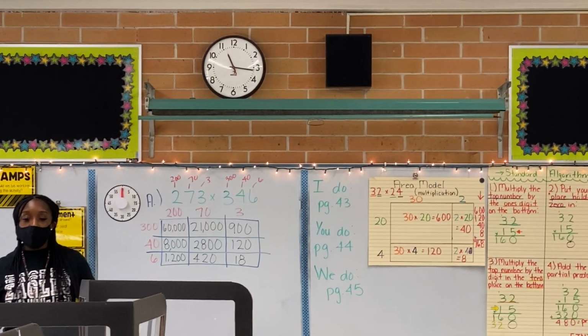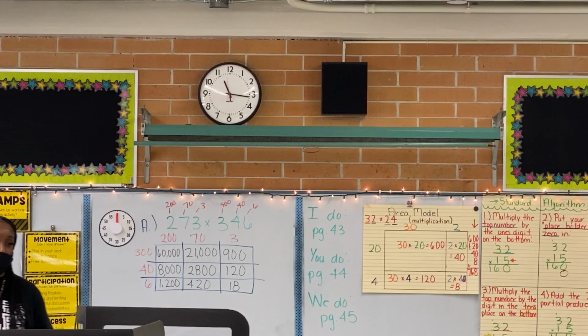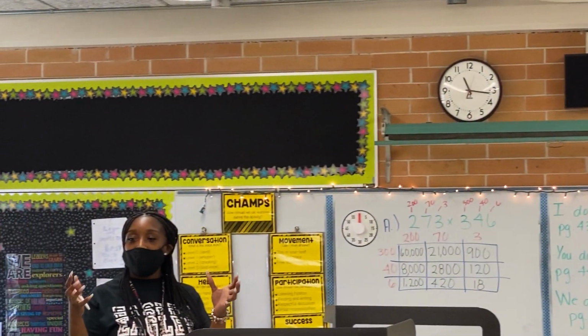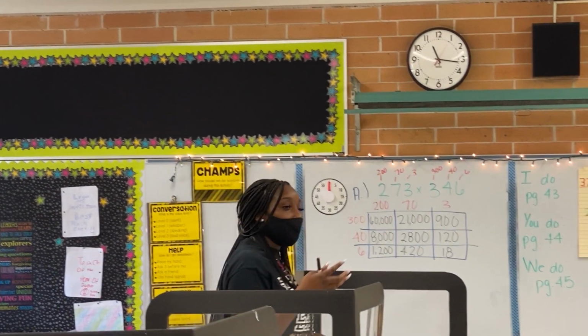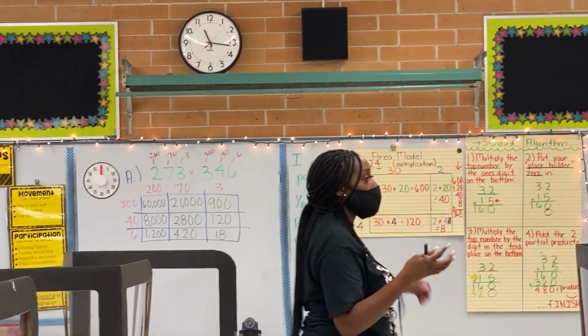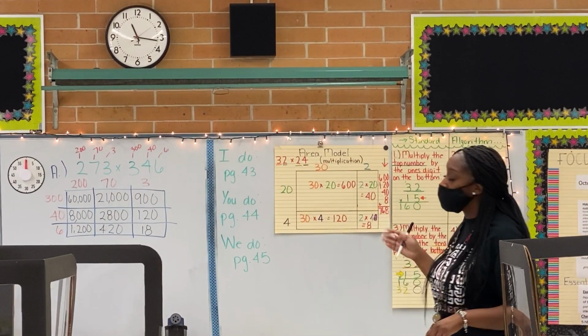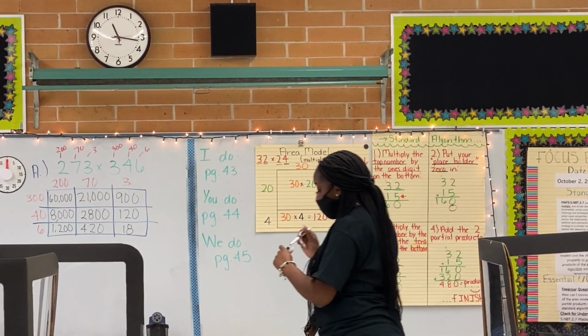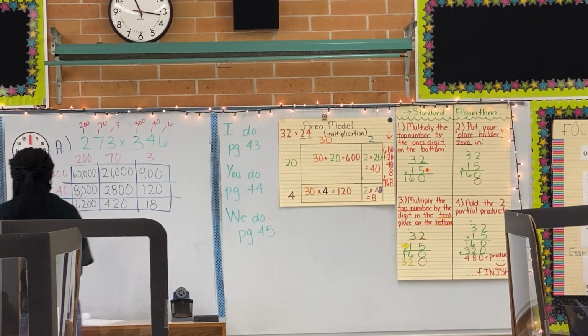At this point, we've filled in our area model with all of the partial products. The next step would be to add the partial products, and the sum is going to give us the product, the overall product of 273 times 346. Go ahead and work on that independently. I'm going to write it on the board for us.